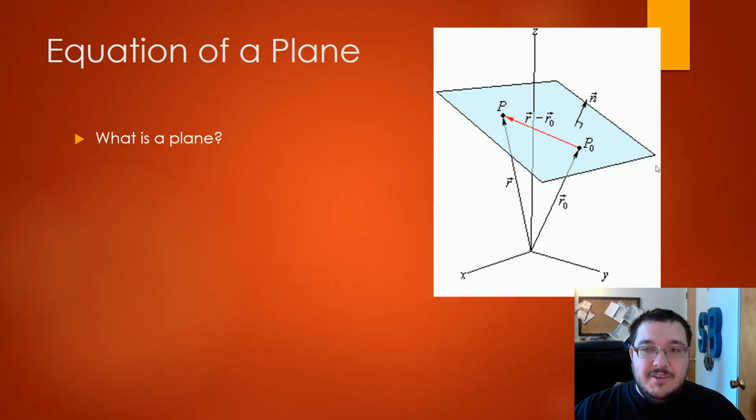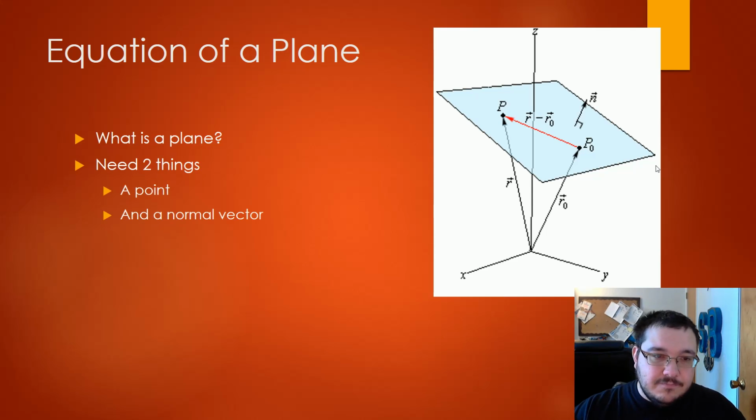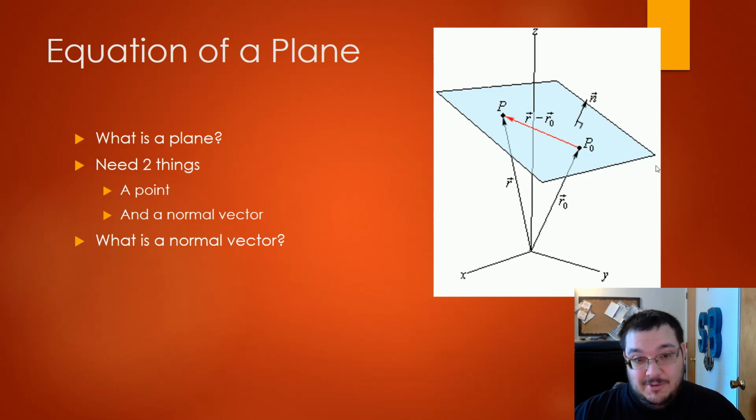Now, for this, we also, again, need a few things to work on. And it's still just the 2 things, but they have changed. Because you need a point in your plane. And this could be a vector that leads up to a point in the plane, that's fine. The other thing you need is a normal vector. Quick question, what is a normal vector?